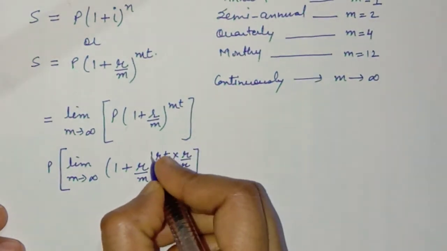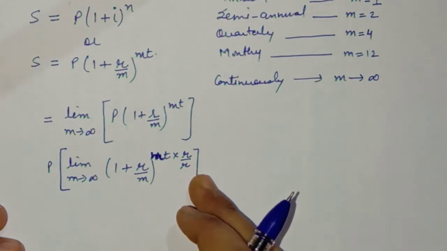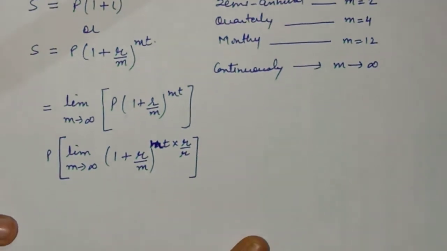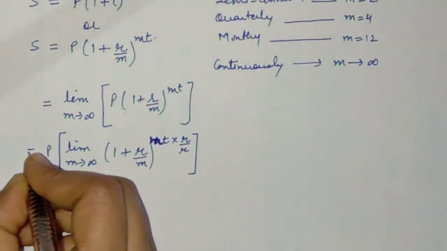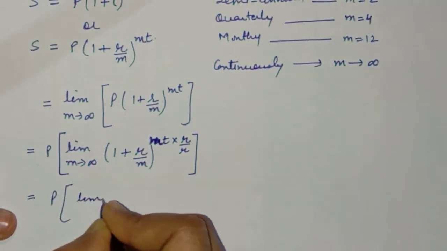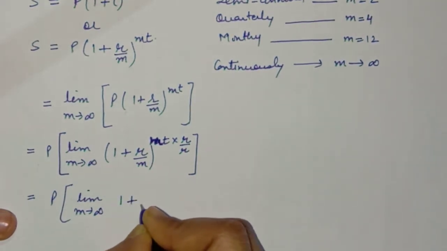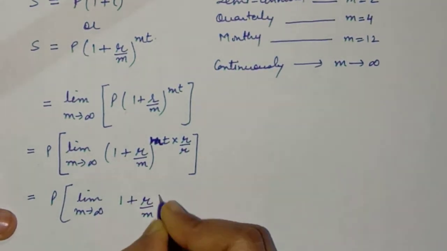After introducing r upon r, we can write in the next step: limit as m tends to infinity of (1 + r/m).